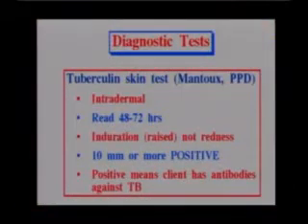You read it with your fingers, not your eyes. Induration is raised area. Redness doesn't count. Redness is just minor skin irritation. So raised area. 10 millimeters or more of raised area tells us that the patient has antibodies against tuberculosis.